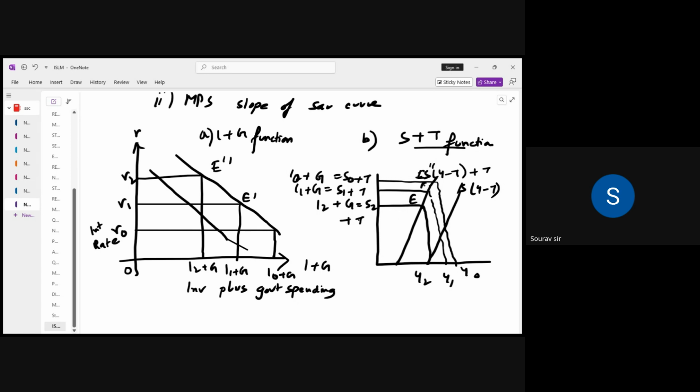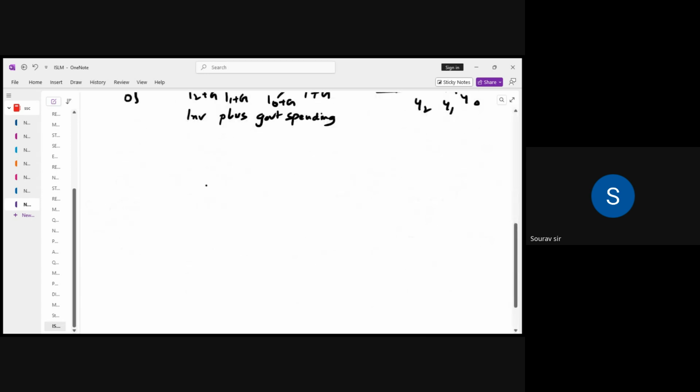So E to E bar to this. Now it is the S plus T function. And next, this is the IS curve.